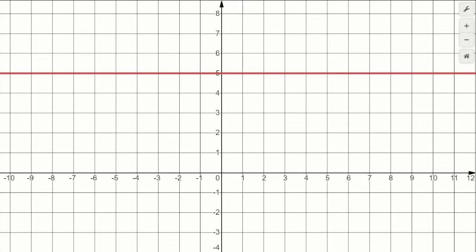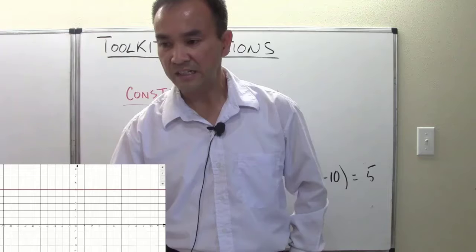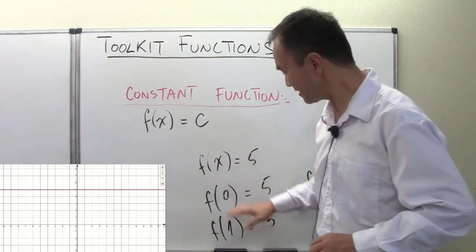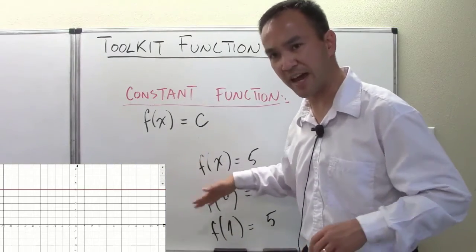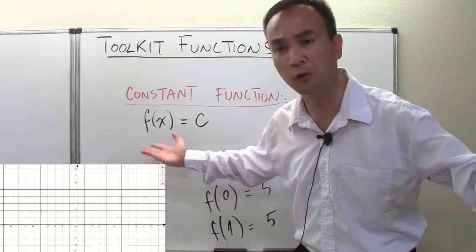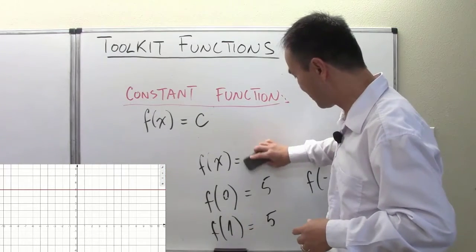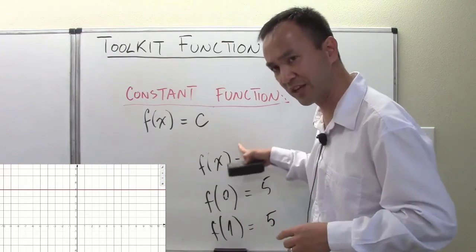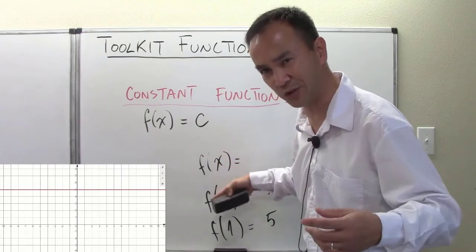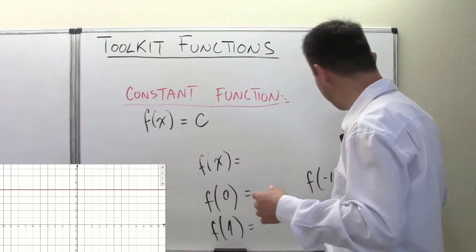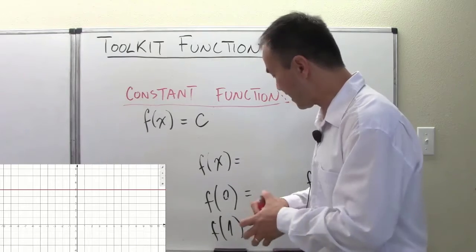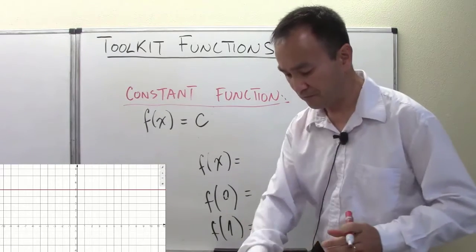All right, and so now briefly think about if it was f of x equals negative 2, for example, from the beginning. If the function here, instead of f of x equals 5 like I've had here, I could have done f of x equals negative 2.